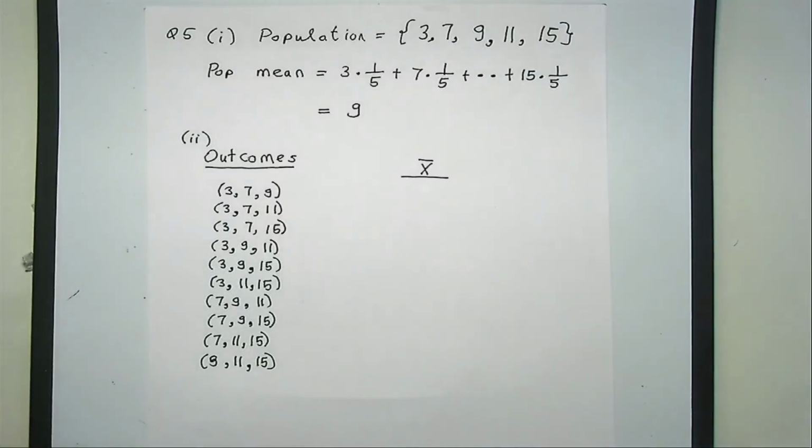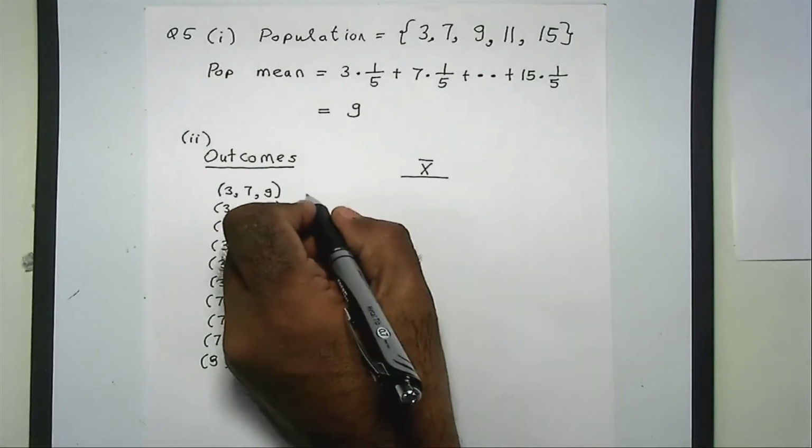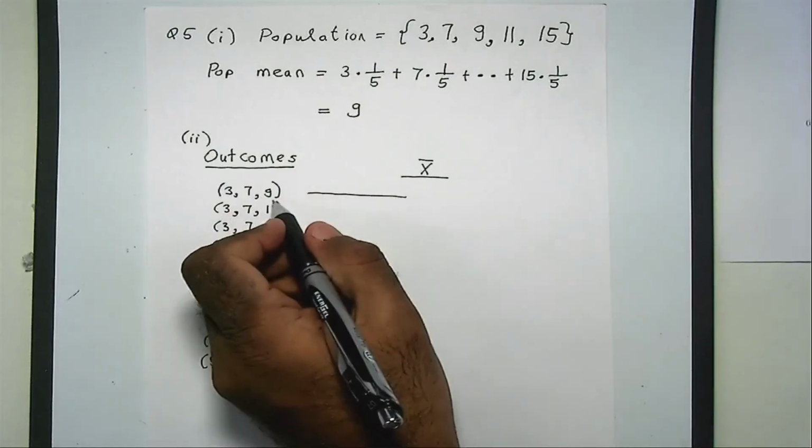Okay. All right. Now for each of these outcomes, there's a corresponding X bar. X bar is the average of these numbers, right?